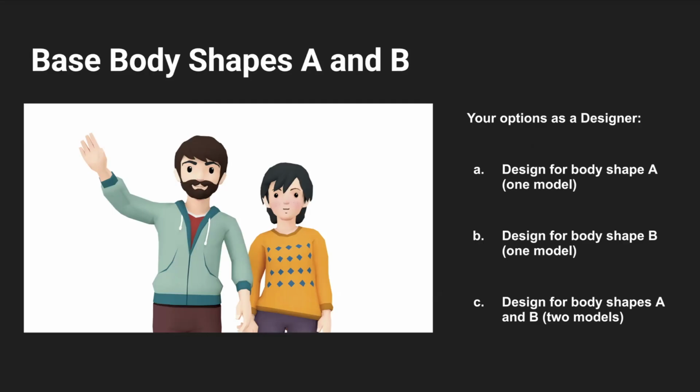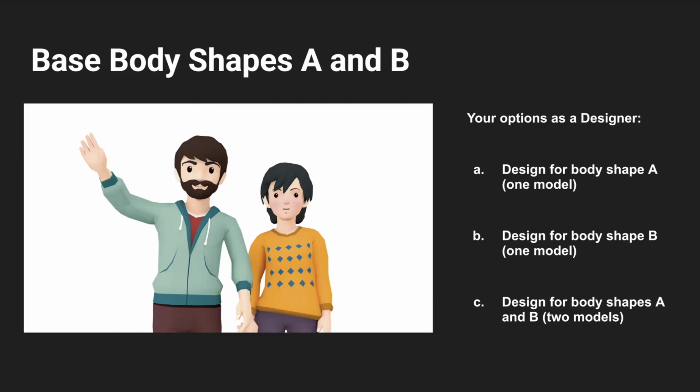As a designer, you have full choice over what you want to do. You could build just for body shape A, or just for body shape B, or you can build for both. Bearing in mind that that requires doing a little bit of extra work and creating another variant of your design that has the hips loop at the right place for that body shape.